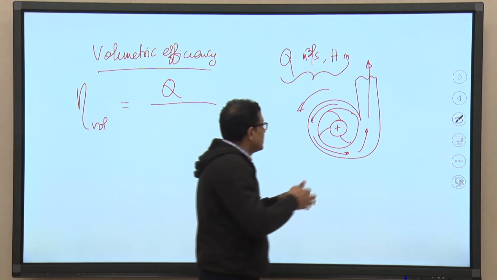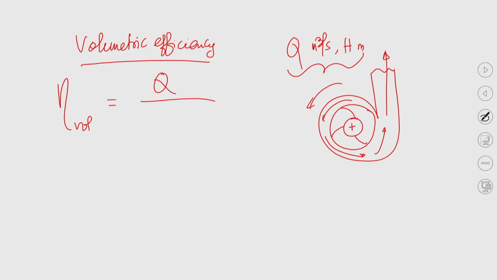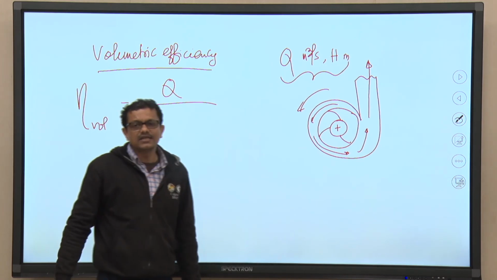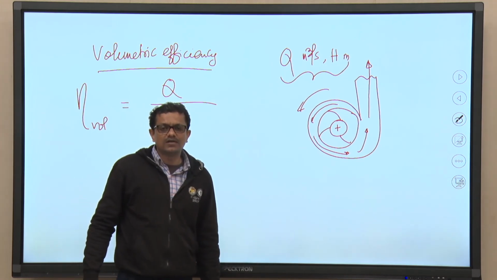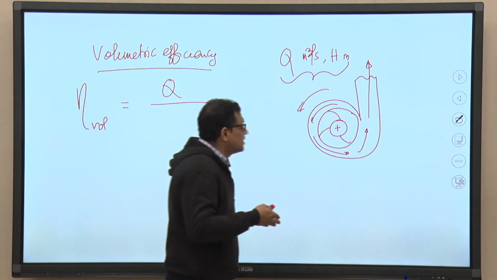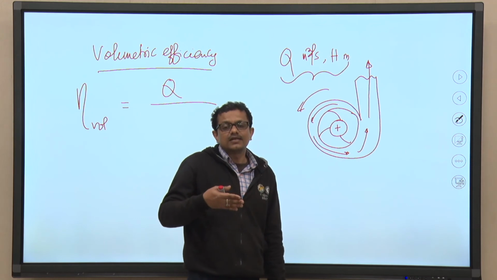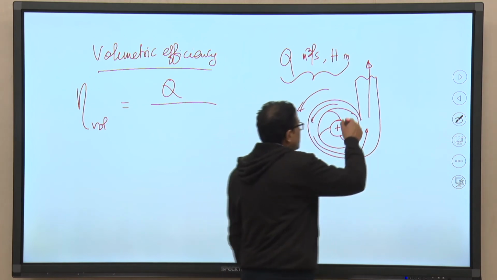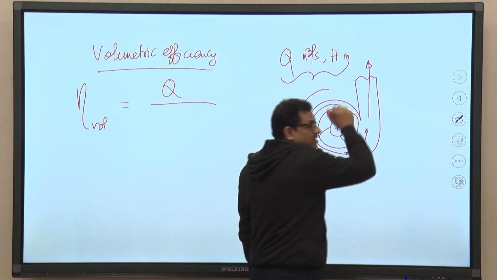Now, when water or any liquid is coming out from the pump to the delivery pipe, it is having high pressure, high energy in terms of both kinetic energy and pressure head. Because of this high energy, it is highly expected that some part of the discharge will leak out from the impeller, from this connection.